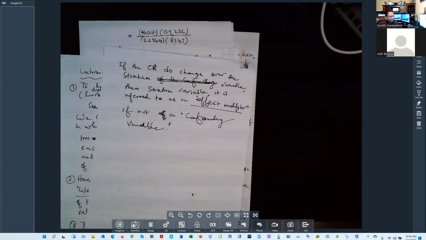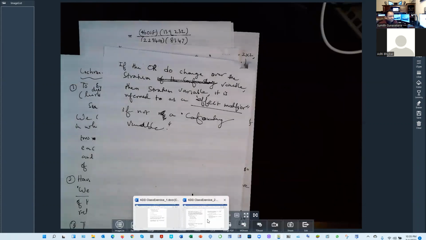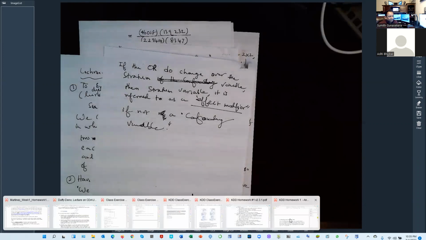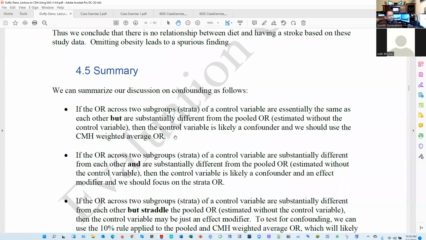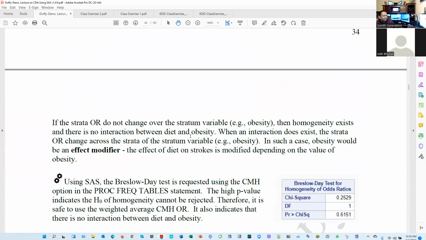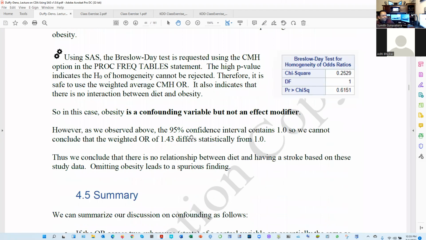But more elaborately, if you want to put the answer, I want you to read this one. It is very clearly mentioned here. The effect modifier doesn't do any harm to the model, but the confounding variable does.